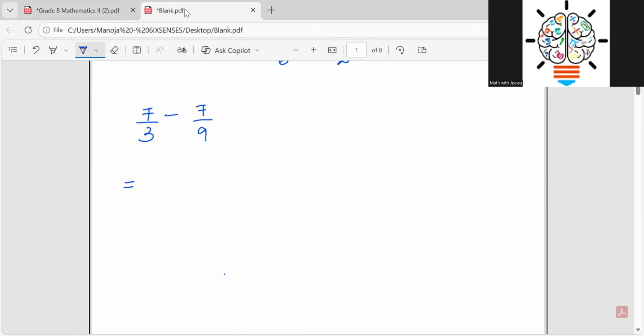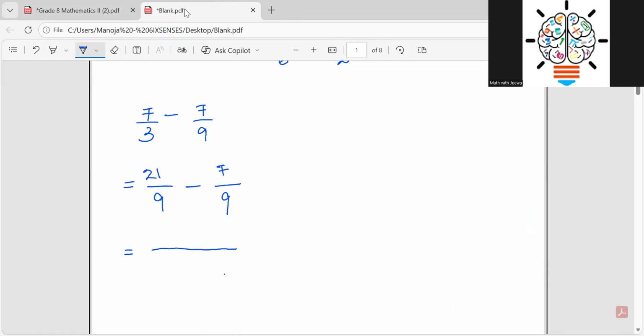Right? And then you want to convert this 3 into 9. 3 times 3, 9. And 3 times 7, 21. And 7 over 9, you keep it as it is.